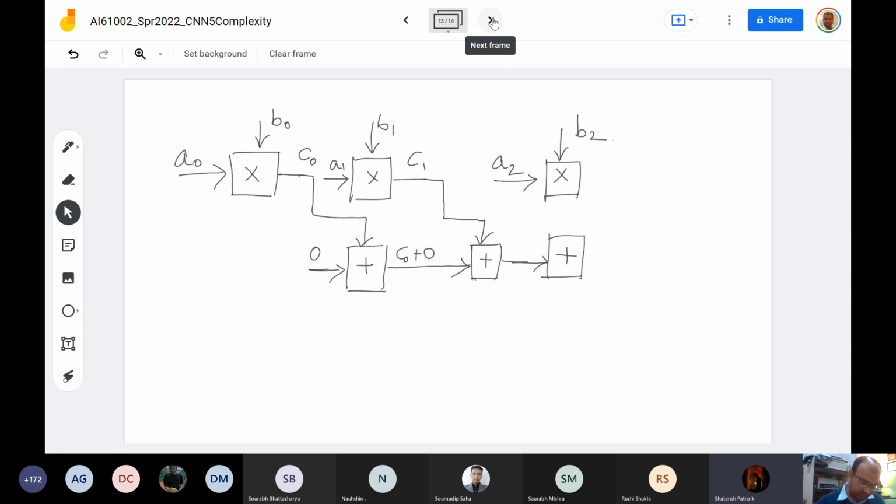Wait. What did I do? Alignment problem. So this multiplier will be over here. So this will be B2, this will be A2.